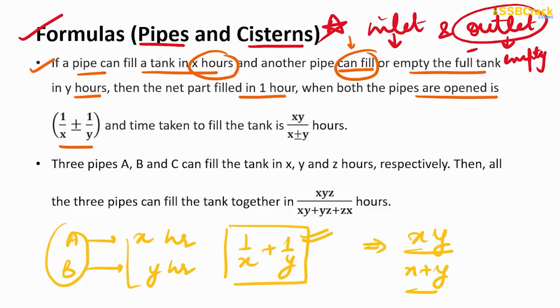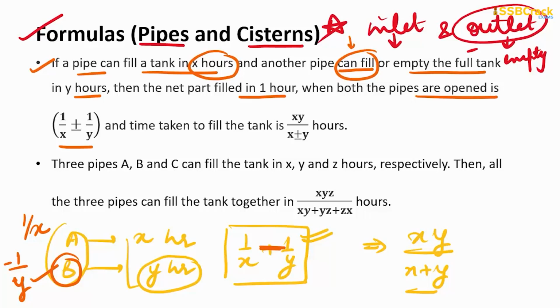Now similarly, B is emptying the tank instead of filling it, right? So in that case, the work done by B will be taken as negative. So the 1 hour work of A will be 1 by x, but the 1 hour work of B will be minus 1 by y, right? So in that case, the part of the tank filled in 1 hour will be 1 by x minus 1 by y.